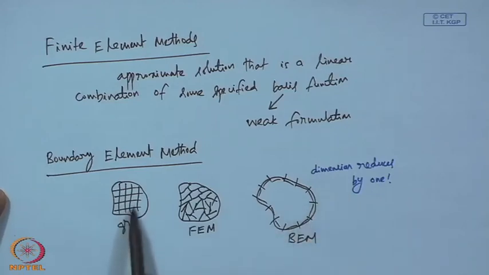Here, for example, if it is 2D, you have to completely handle the 2D domain, whereas in boundary element 2D means a line. Suppose it is 3D, you have to handle the entire volume, whereas here just a surface.